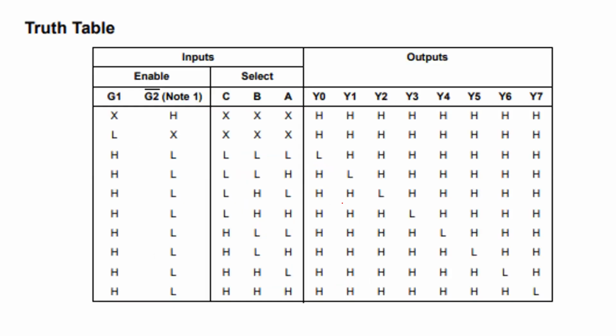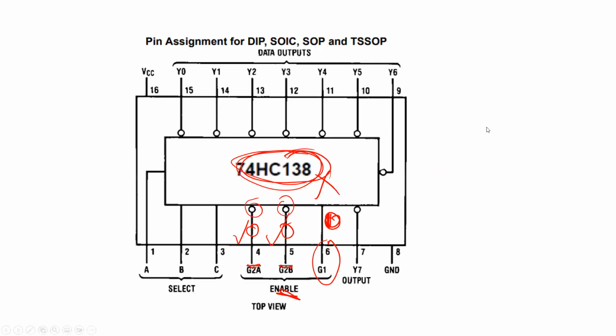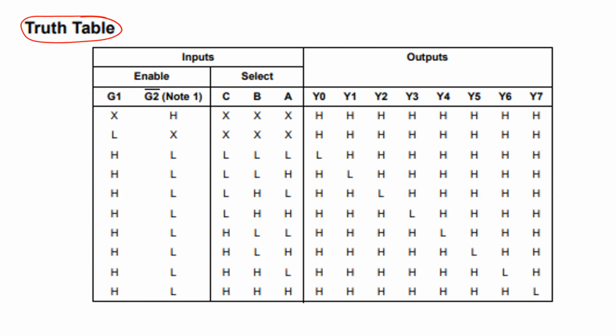If you go to the data sheet, you will see this is exactly explained in the truth table. For some reason, this truth table shows G1 and G2A and G2B. I think G2 here means A and B; both are the same. And this is G1. So this part is actually disabled.